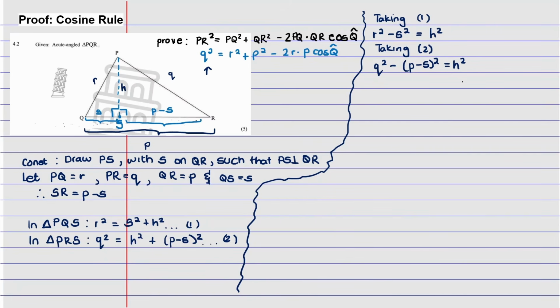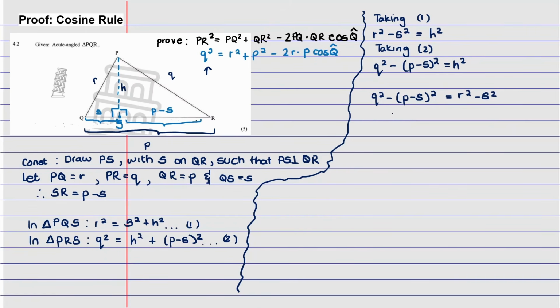Do you see that they both equal H squared, meaning we can equate them together? So Q squared minus open bracket P minus S all squared is equal to R squared minus S squared. Do you see we're getting closer to what we want? We have Q.